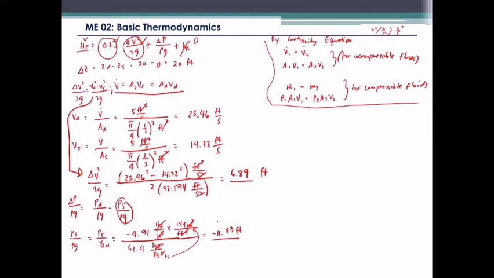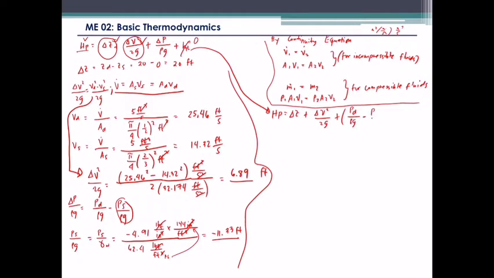And so, from the formula for HP, which is equal to delta Z plus delta V squared over 2g plus pressure at discharge over rho g minus pressure at suction over rho g plus head loss, which is 0.